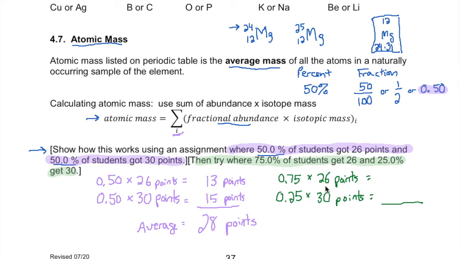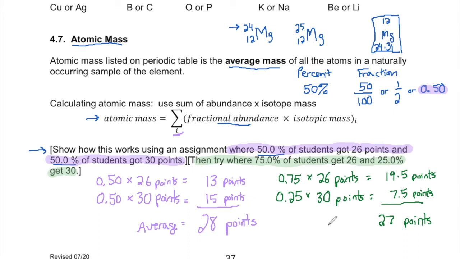If we multiply 0.75 times 26 points, this gives us 19.5 points. And then 0.25 times 30 points is 7.5 points. And then when we add up these results, we get a score of 27 points.